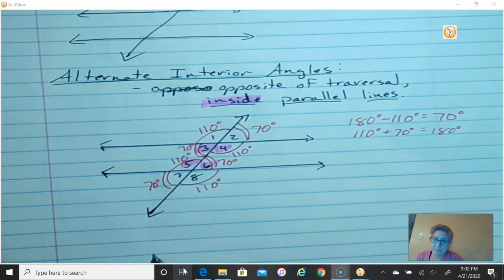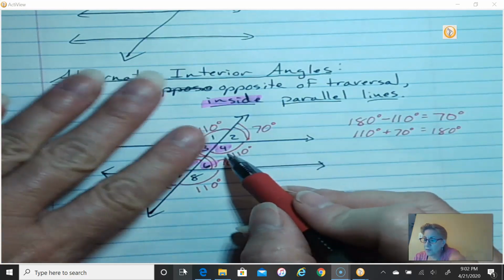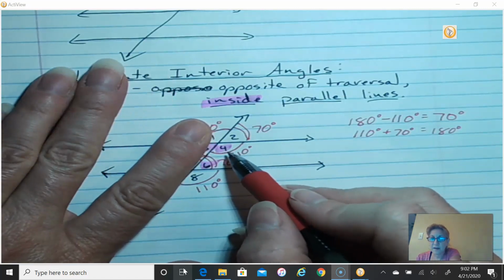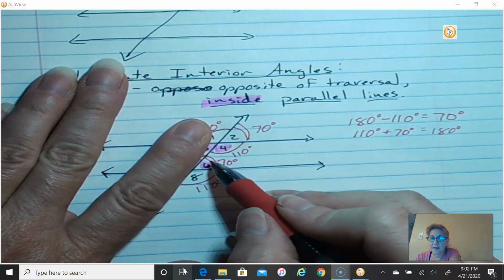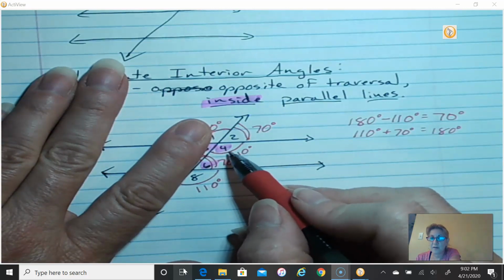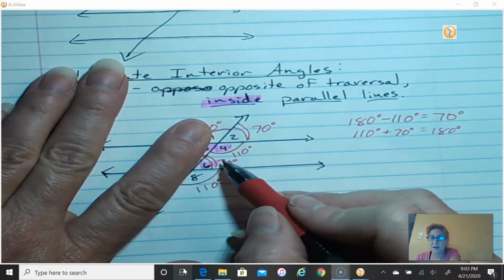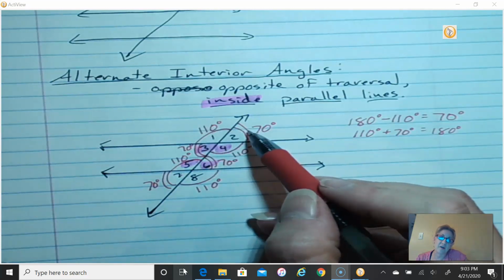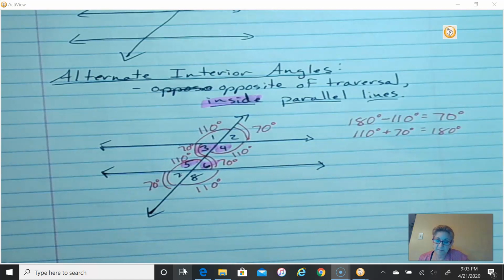Notice also 4 and 6, your alternate interior, they form 180 degrees. 4 is 110, 6 is 70, 180. So if I were to give you just one measurement and you found the other, you know all the rest.